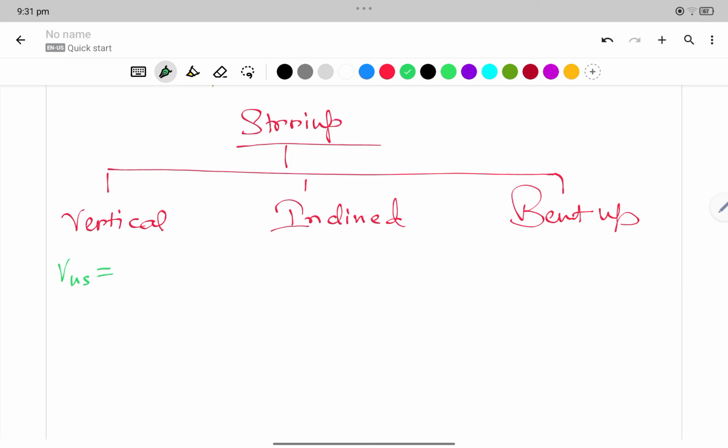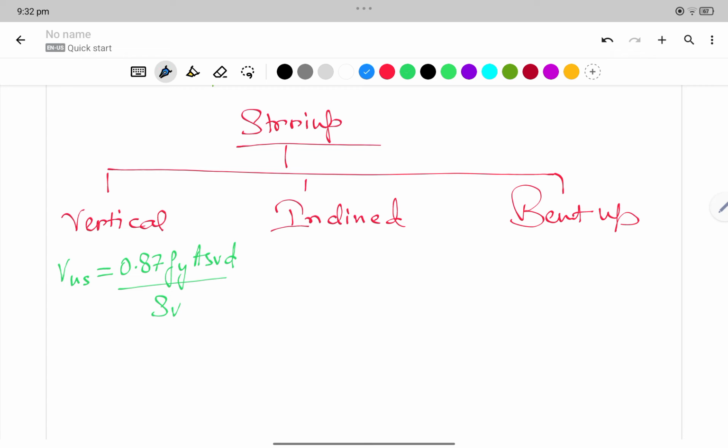VUS means the shear force to be carried by the stirrup. VUS is 0.87 Fy ASV into D divided by SV. This is the vertical stirrup formula.